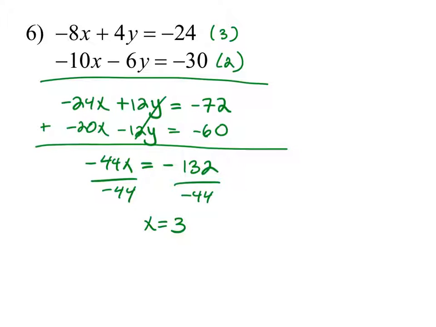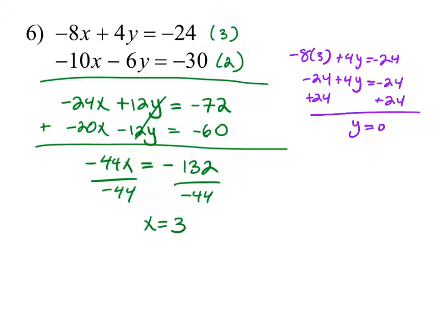I'm going to substitute in any of the equations. So negative 8 times 3, substituting in the first one, plus 4y equals negative 24. Negative 24 plus 4y equals negative 24, and plus 24. So y equals 0. Okay, so negative 10 times 3 minus 6 times 0.